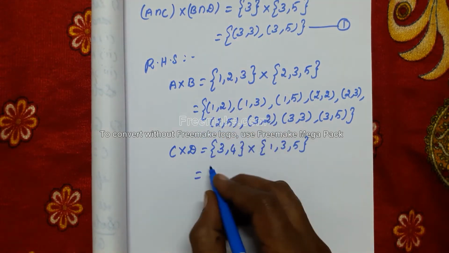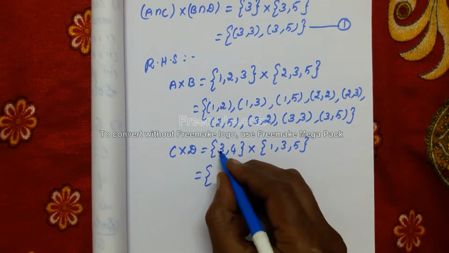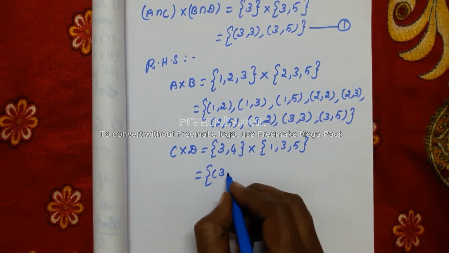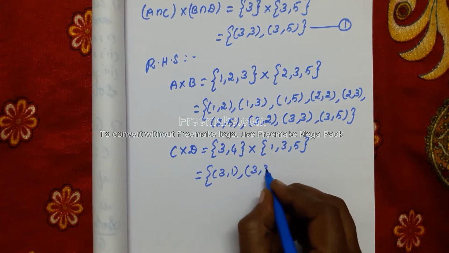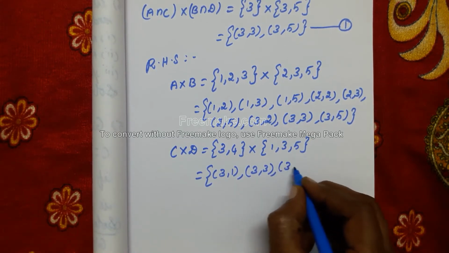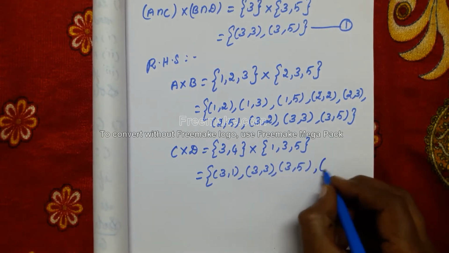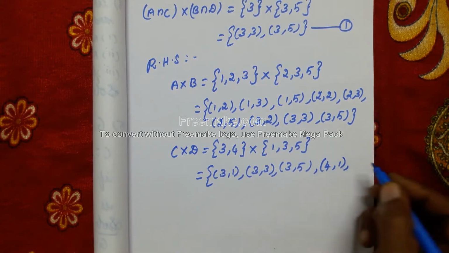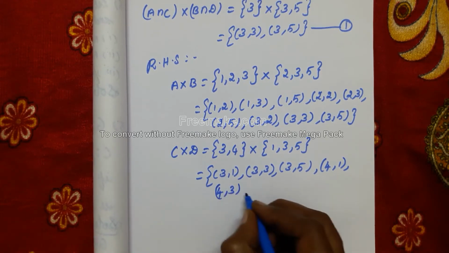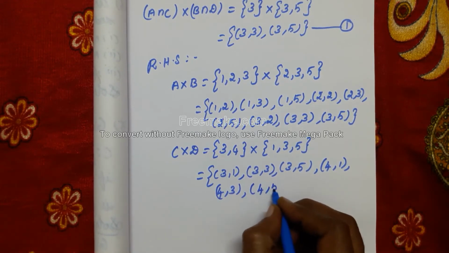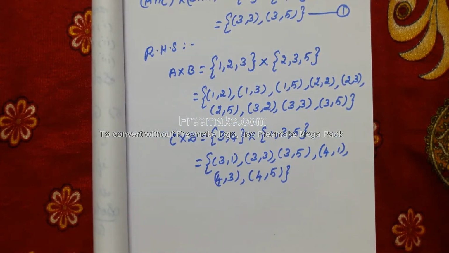Here first we have to find out A cross B and C cross D. Here 3, 1, 3, 3, 3, 5. Next 4, 1, 4, 3, 4, 5. Clear?